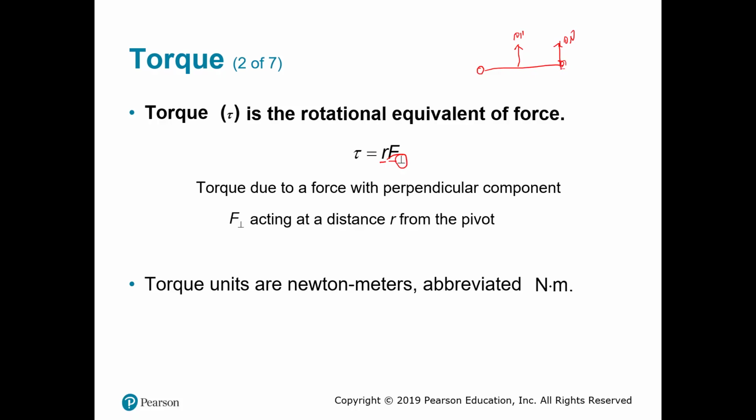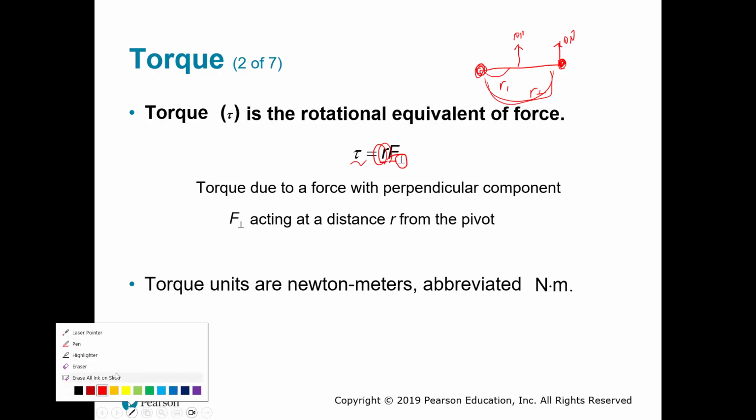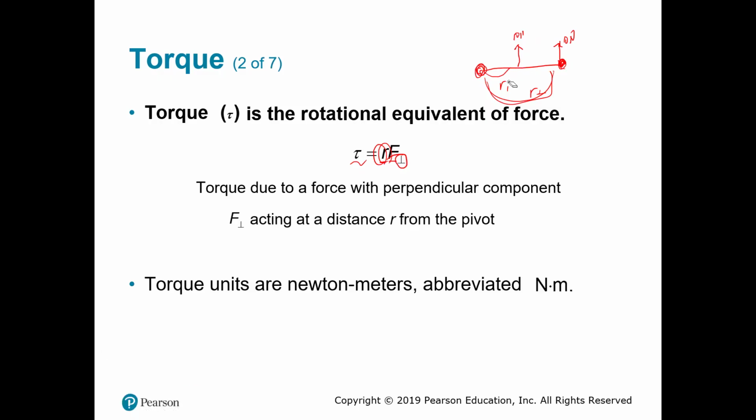Of course, if you apply your force here, the door will rotate easily. That's why torque is proportional to R, where R is the distance from the hinge to this location. So this is R1, and this is R2. That means the farther you push, the more torque you can apply. This is very straightforward, I believe, right?